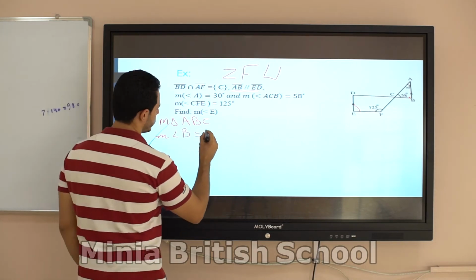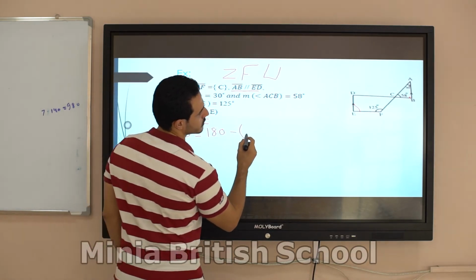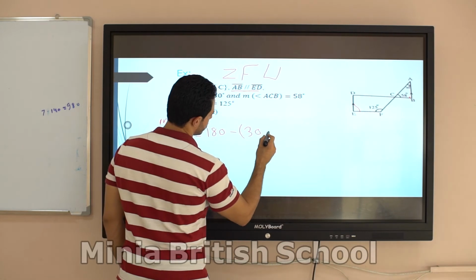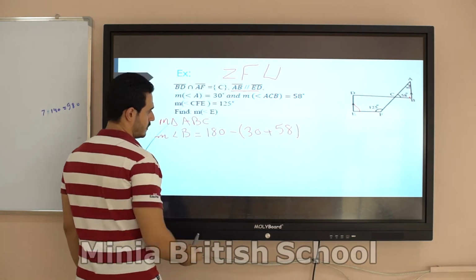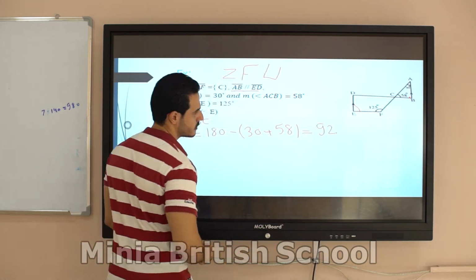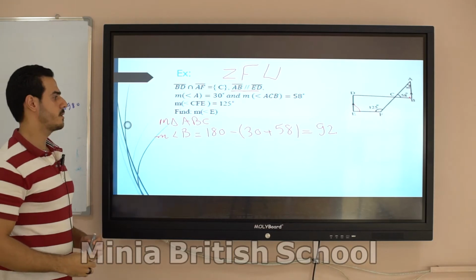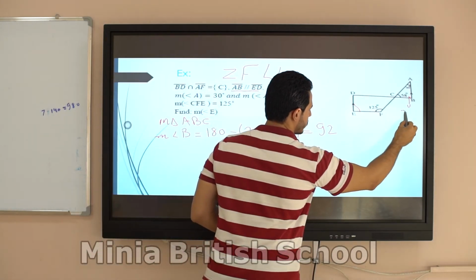Equals 180 minus (30 plus 58). It equals 92. Okay? We find B equals 92.